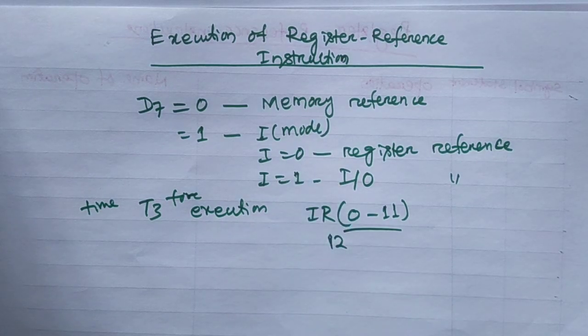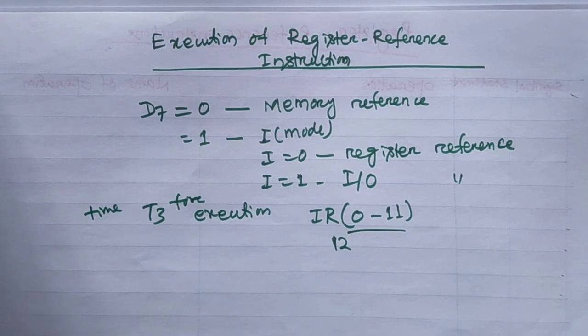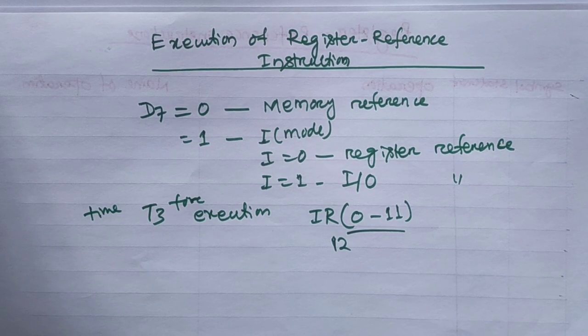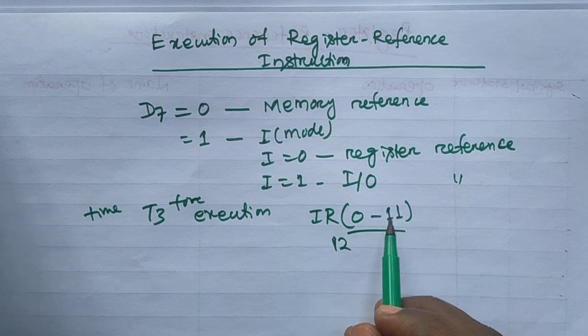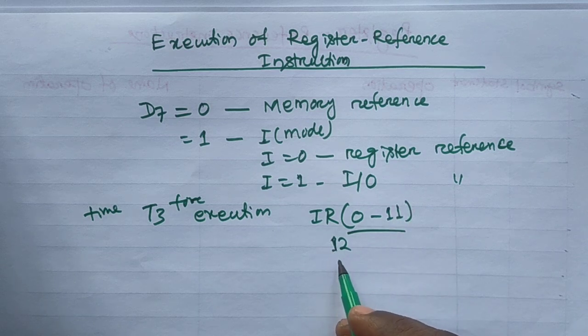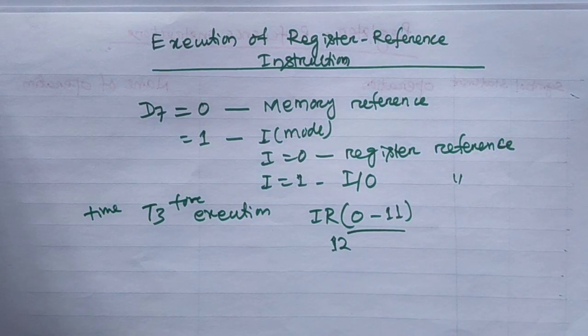This is the basic concept: the address part defines the register reference, and the opcode part defines the memory reference. So here the address part defines the register reference. There are 12 statements we have to design, by which the register can identify which operation needs to be performed.